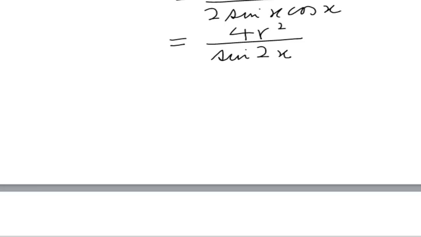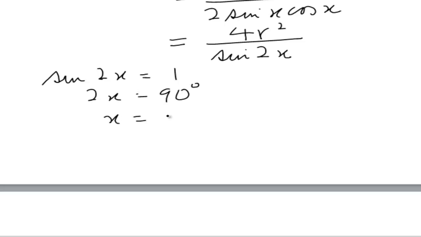And as x becomes a larger angle, then the ratio becomes smaller. So therefore, what we are saying is that you must maximize that. And we know that the maximum value for sine is 1. So in other words, 2x is equal to 90 degrees, x is equal to 45 degrees.